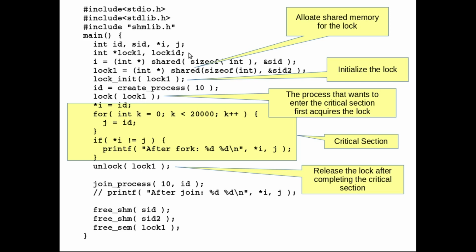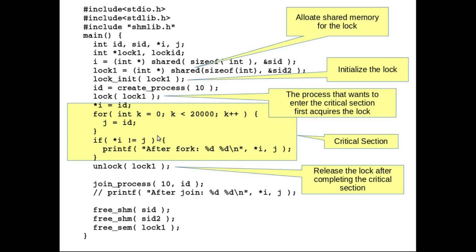All these processes will be blocked in this call, and only when the process within the critical section releases the lock will one of the processes from the list of processes waiting on the lock be selected, and that particular process will be able to enter the critical section.